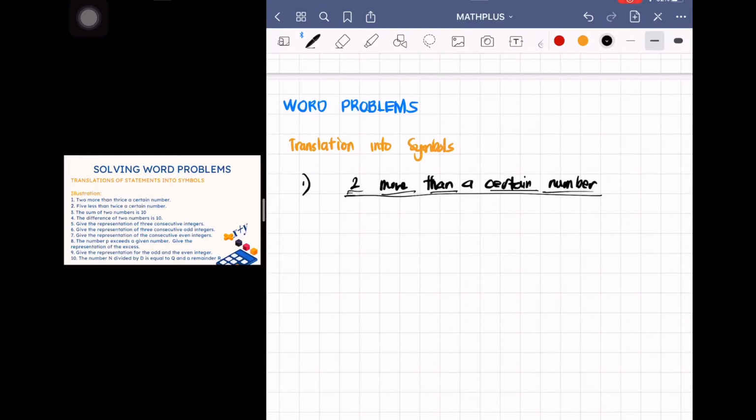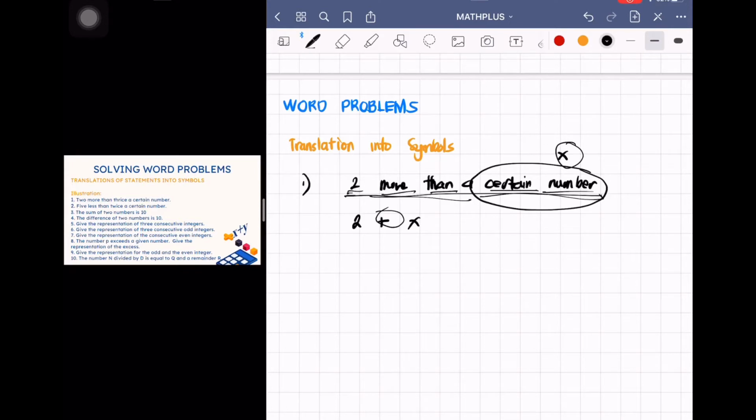When I write these kinds of statements, ang ginagawa ko po is, pabalik ang pagsulat. Diba normally 2 more than a certain number, which we do not know, we normally represent that as x. So they write that as 2 more than, which suggests addition, a certain number, which suggests an unknown. So 2 plus x, diba?